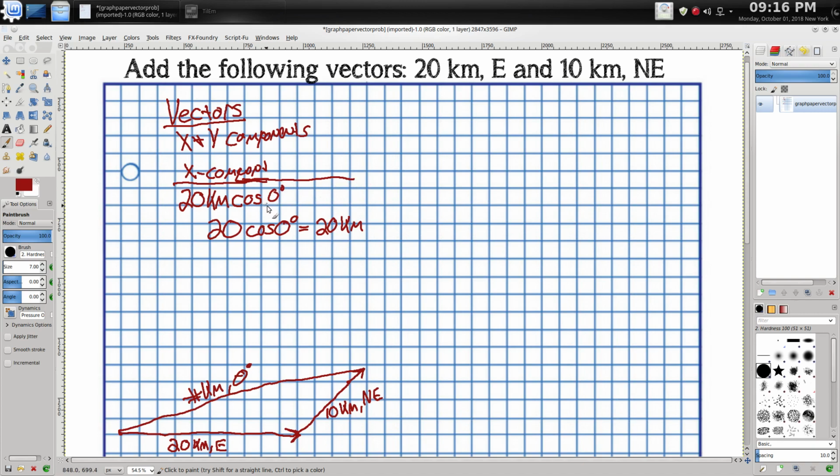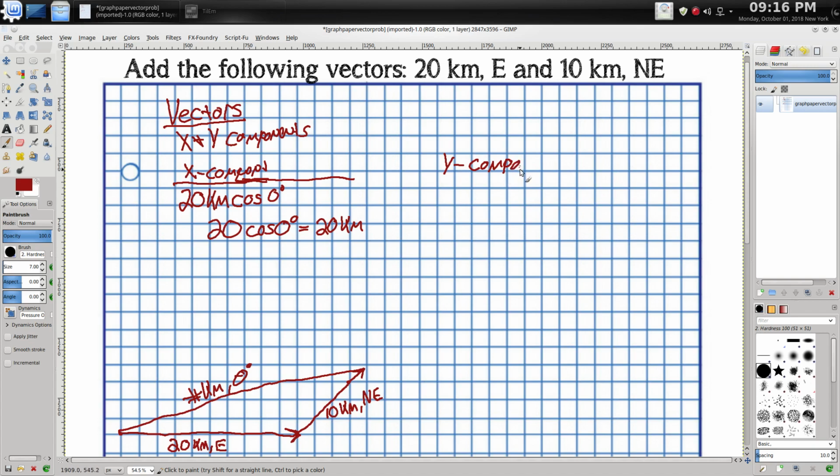Now, let's look at this same measurement of kilometers for this vector, this 20 kilometers east. Let's also look at it as if it were a y component. Now, y components run upward and downward, okay? They run in the vertical direction.